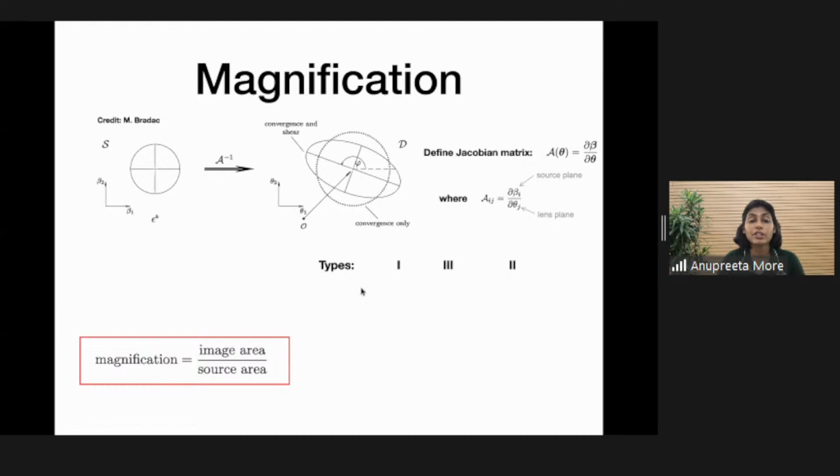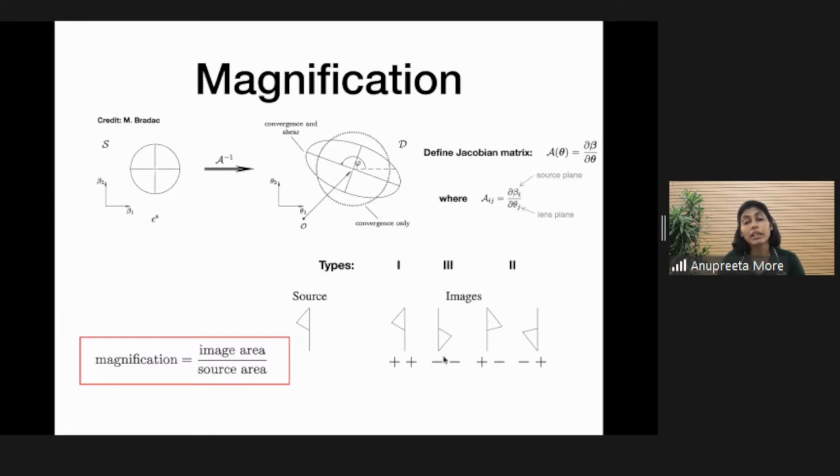And in general, suppose the source looks something like this. Then based on the eigenvalues, if both the eigenvalues are positive, then the type 1 image is the one where both eigenvalues are positive, and this image of type 1 will look very much like how the original source is.